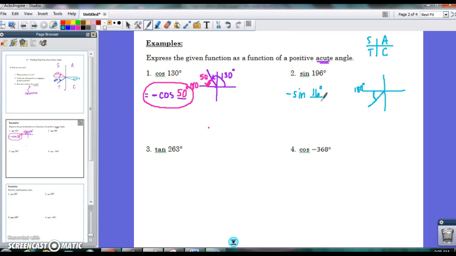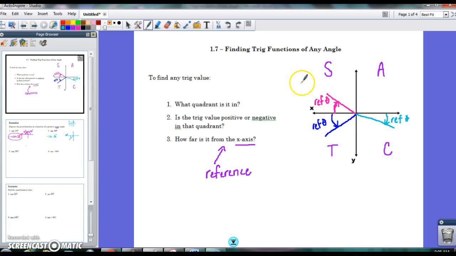Okay, so depending on which quadrant you're in, if you're in the second quadrant, you're going to do 180 minus the angle that you're given. If you're in the third quadrant, you're going to do the angle minus 180. So you can go back and put that on your picture if you want.